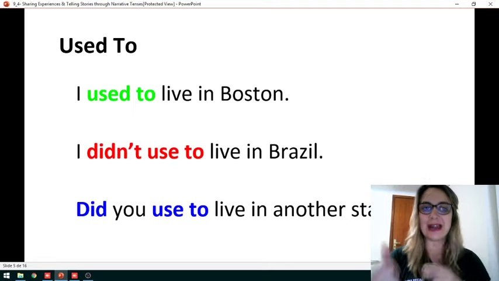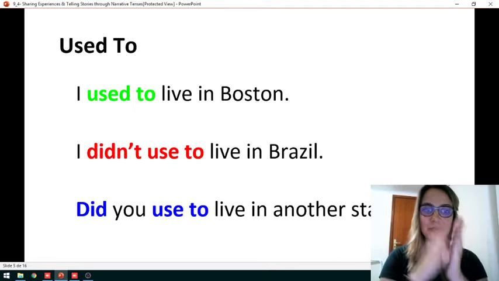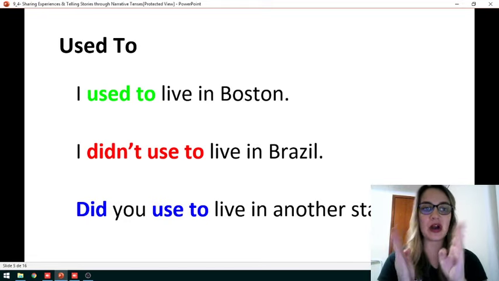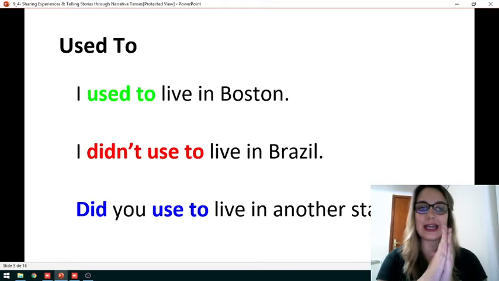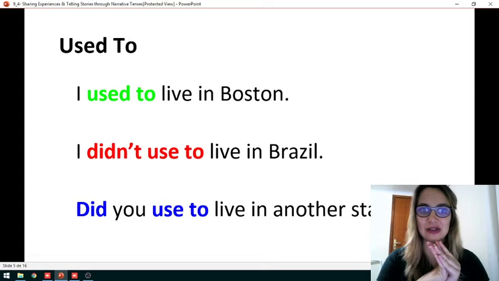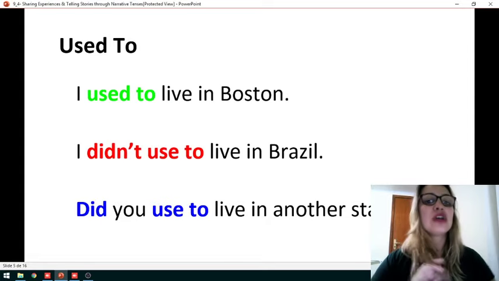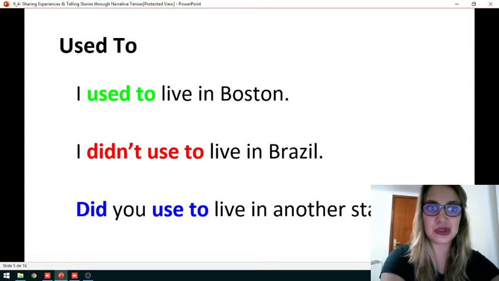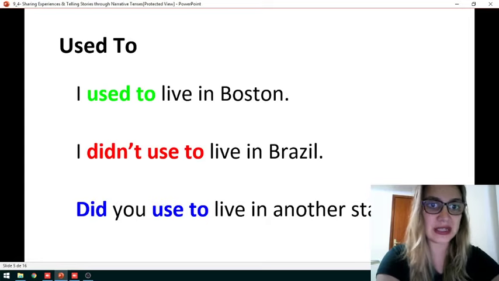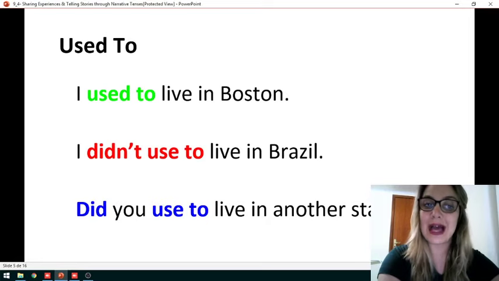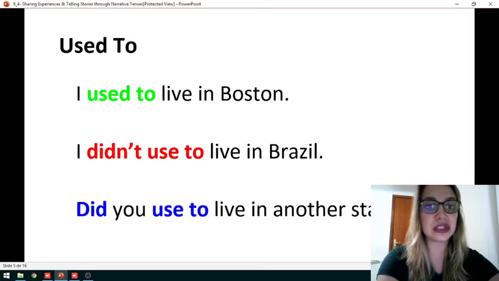Because we're speaking at a fast pace that we tend to drop the D, because when it's D with the T, when those two consonants are next to each other, they tend to come together and blend the sound, so you don't really hear it. So that's why it's really important to be aware of this grammar structure, that in the positive, we still have to add the D to use to, even though we don't pronounce it when we are speaking.